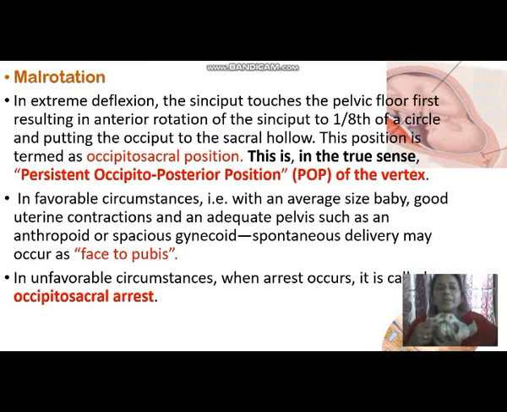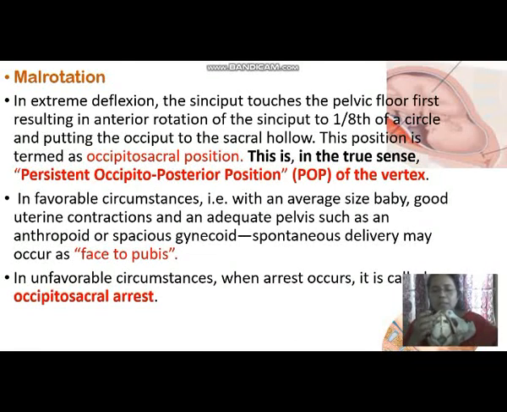Then in favorable circumstances with an average size baby, good uterine contraction and an adequate pelvis such as an anthropoid or android pelvis, spontaneous delivery may occur as face to pubis. We already explained that deflection occurs, so it will arrest here. So that is a delivery occurring by the face to pubis.